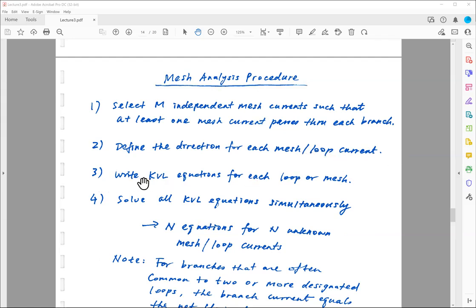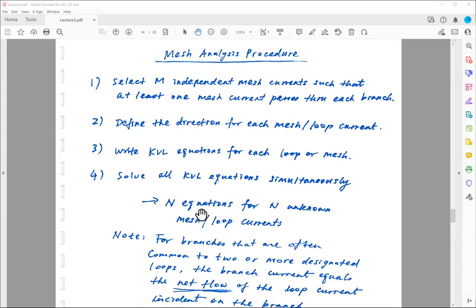Number three, write KVL equations for each loop or mesh. Finally, solve for all KVL equations simultaneously. For n equations, you can find n unknowns, and those unknowns are your mesh current or loop current.